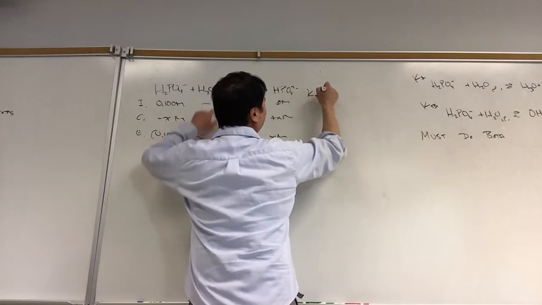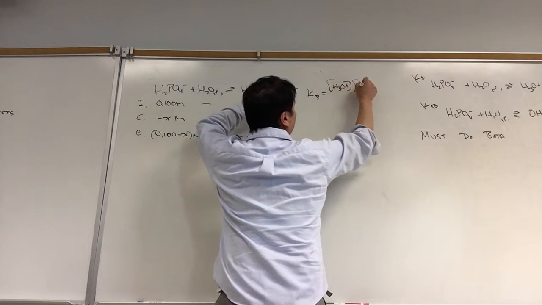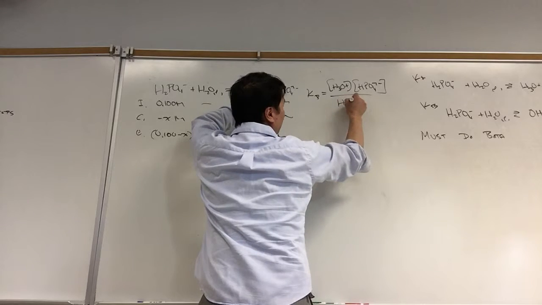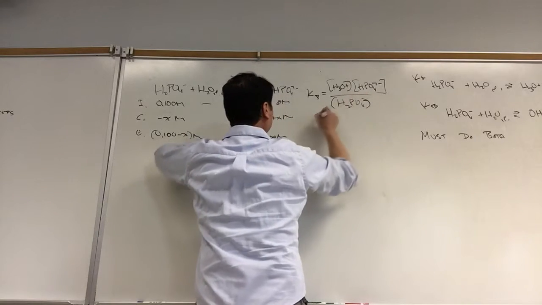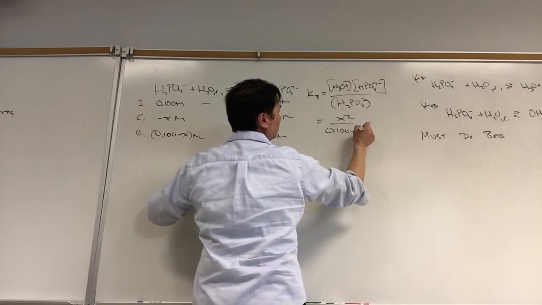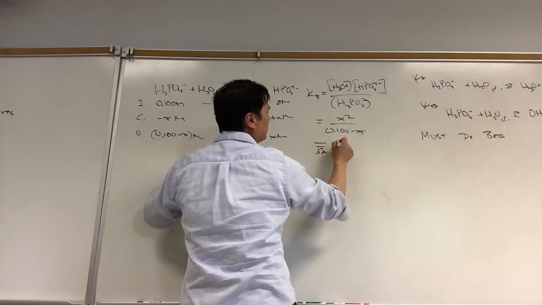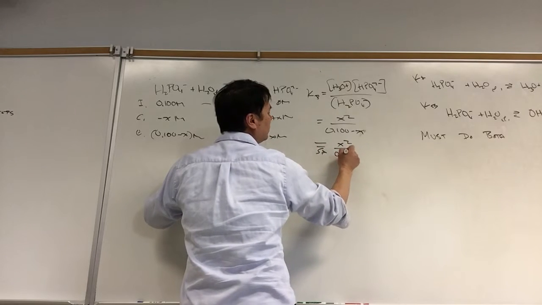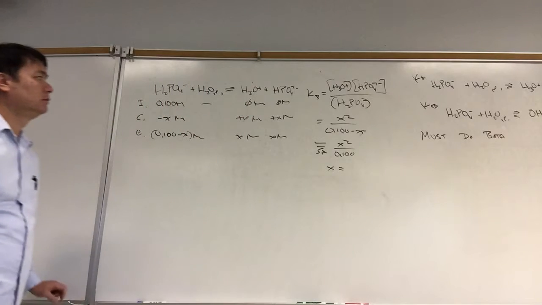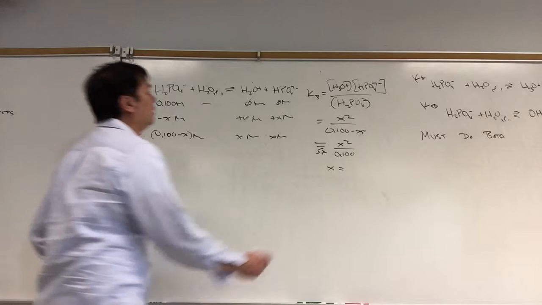So Ka is going to equal the hydronium ion concentration times the monohydrogen phosphate concentration divided by the dihydrogen phosphate concentration, which is going to give us X squared over 0.100 minus X. And then we try out the simplifying assumption, which is going to give us X squared over 0.100. And that gives an X value of what? Is that Ka or Kb? Oops. Ka.